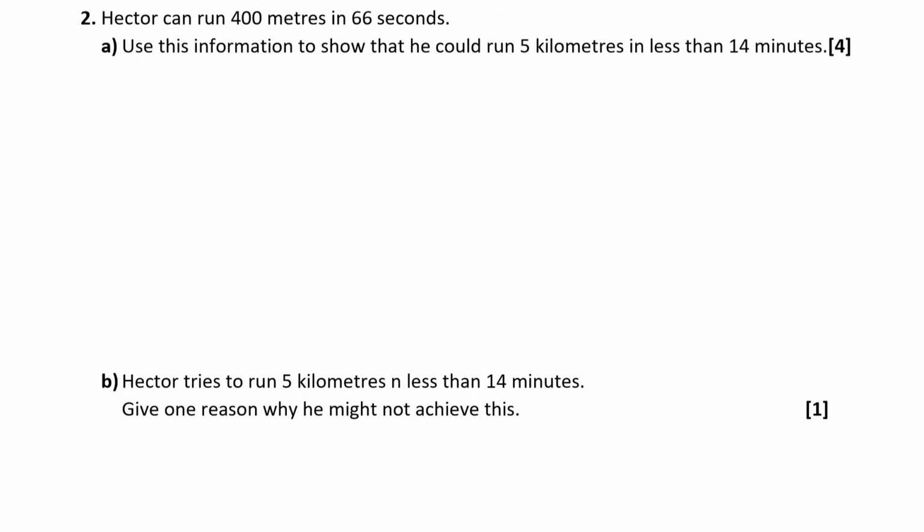Hector can run 400 meters in 66 seconds. Use this information to show that he could run 5 kilometers in less than 14 minutes. So he can run 400 meters in 66 seconds. So what is his speed that he's running at then? We've been given this, which is distance traveled, and this, which is time taken, and I know a relationship between distance, speed and time.